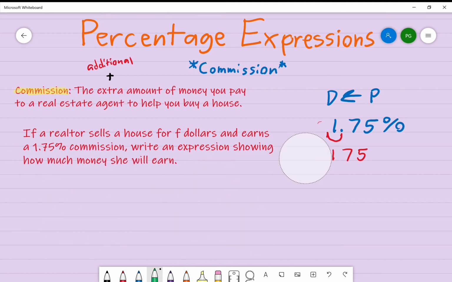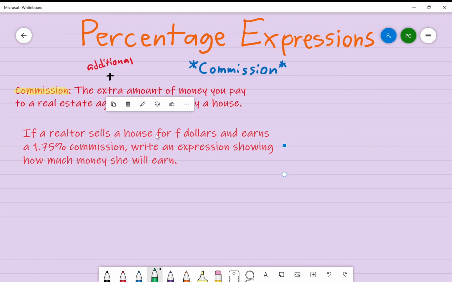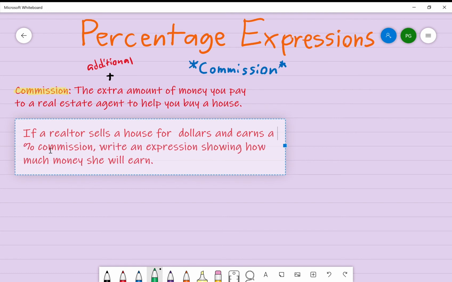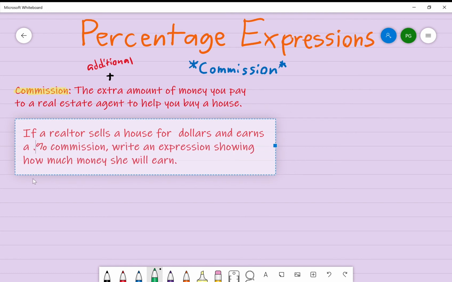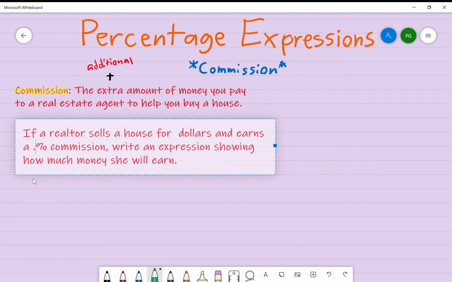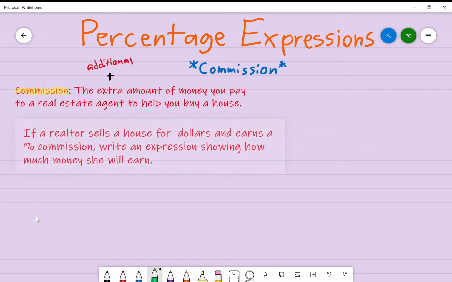Let's say that a realtor sells a house for R dollars and she earns a commission of 0.85%. Well, my keyboard has decided to stop working.